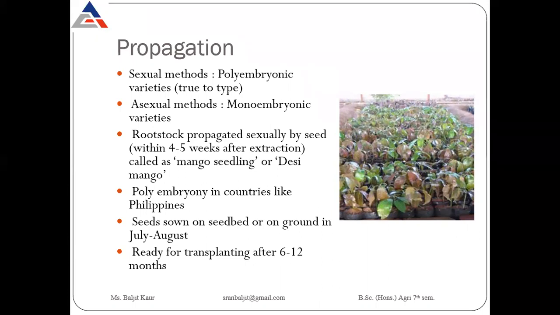The seeds are sown on seed beds or on the ground in the month of July to August. So the best time of rootstock raising is July to August. Once these seedlings are sown and come up with 2 to 4 leaves, they are ready for transplanting after 6 to 12 months, right?